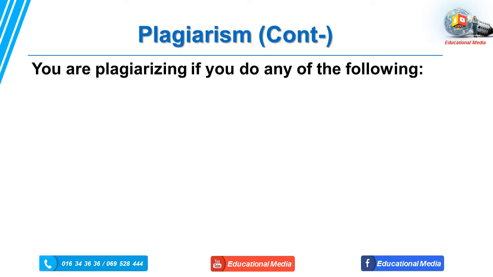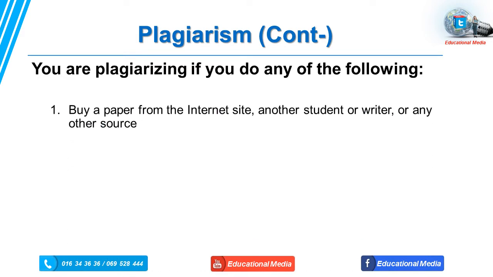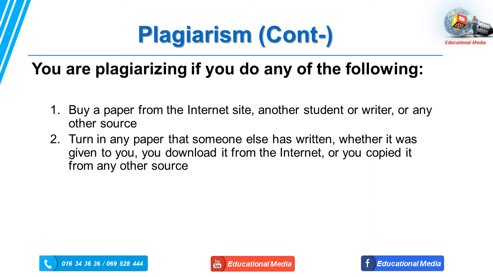How do you know when you are plagiarizing? You are plagiarizing if you do any of the following. Number one, buy a paper from an internet site, another student or writer, or any other source.